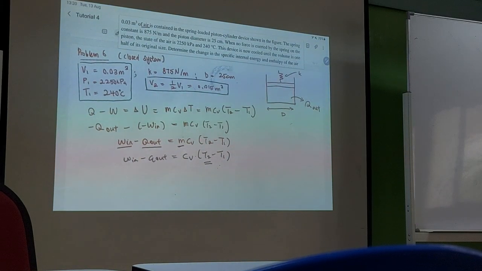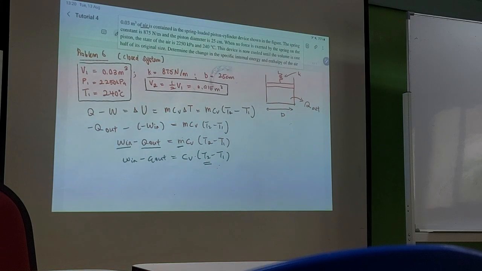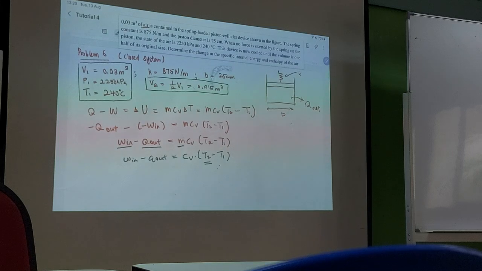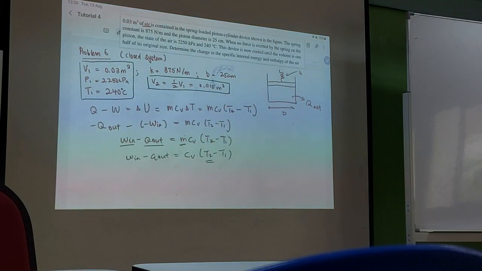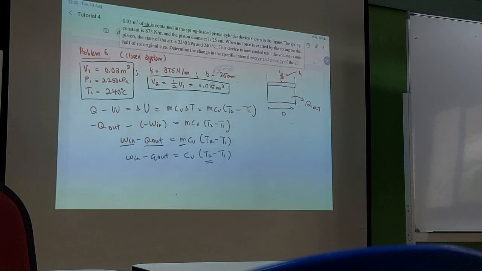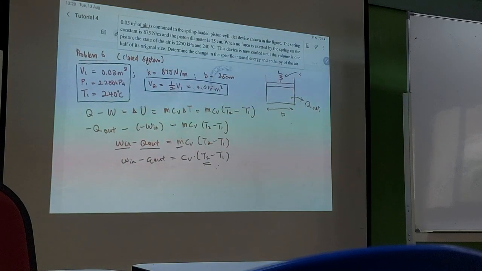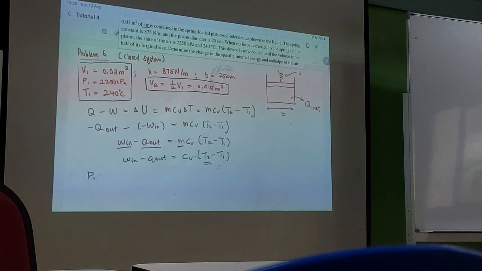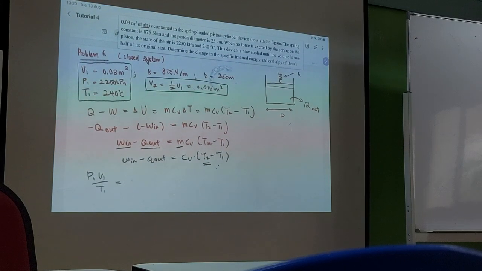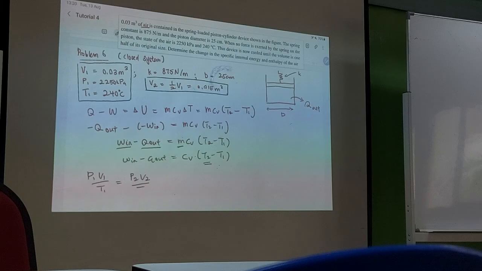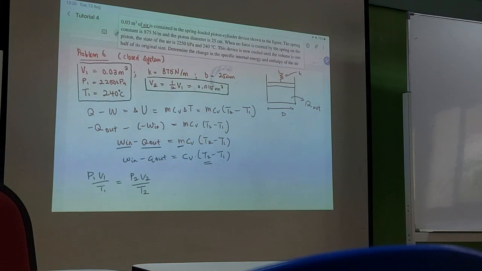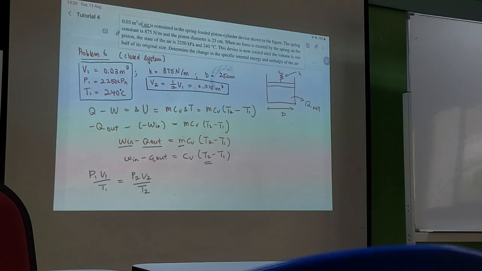Even if the question asks for internal energy rather than specific internal energy, you can still find the mass because of the ideal gas law. But here we don't need the mass, so you can find it through just this one, because the rest are all constant. M is constant, R is constant, so you can just straight away do this.